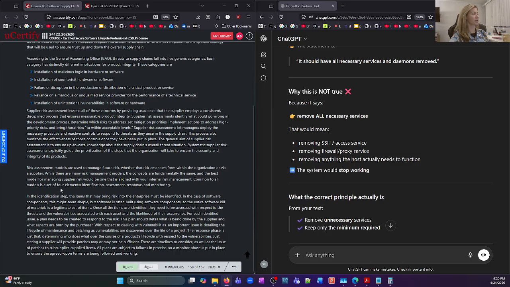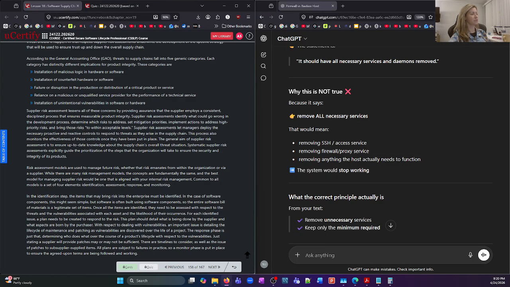Common to all models is a set of 4 elements: identification, assessment, response, and monitoring. In the identification step, the items that may bring risk into the enterprise must be identified.